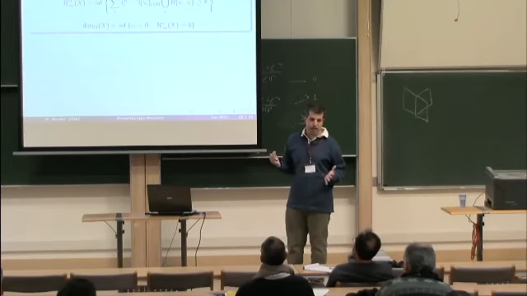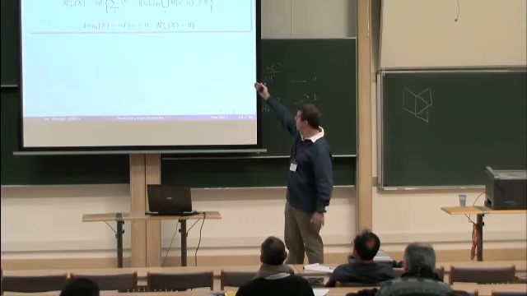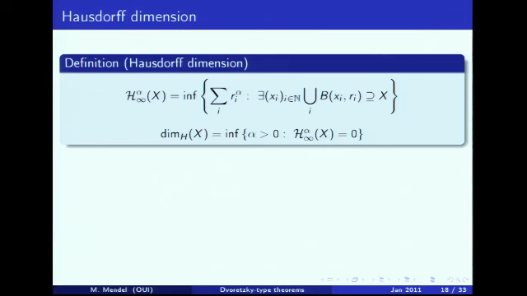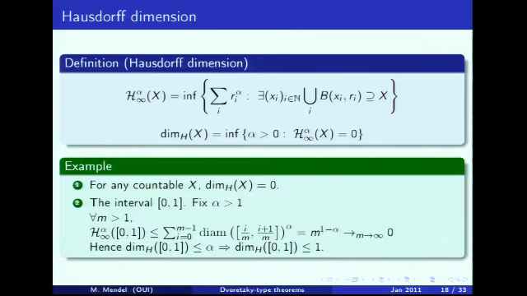Now, if alpha is large enough, and the space is of constant dimension, then this infimum would be 0.